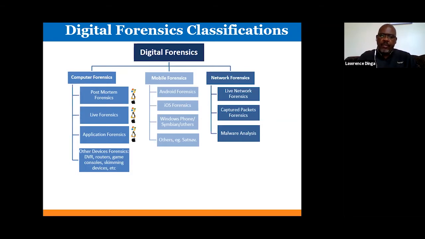For example, if you go to a corporate organization and find that the evidence is on a server, and they are using that server for a lot of things, storing other data, you cannot pick that server and tell them you are taking it for analysis. It will force you to get the data from that live server. That is what we call live forensics.